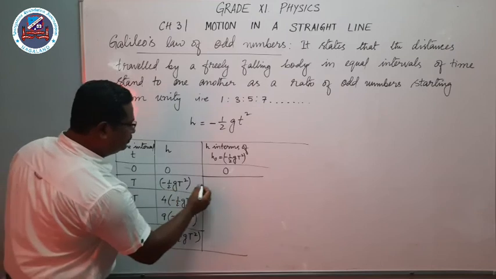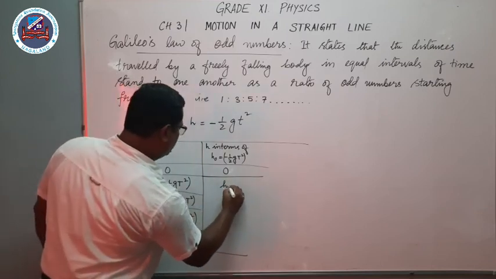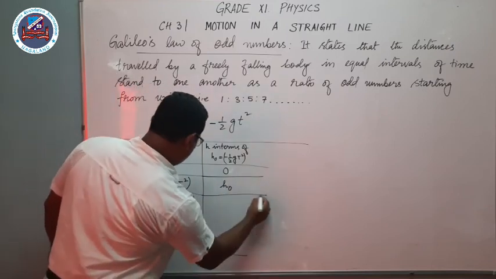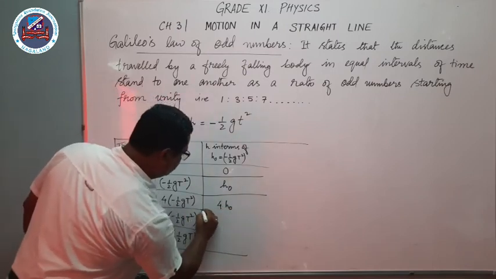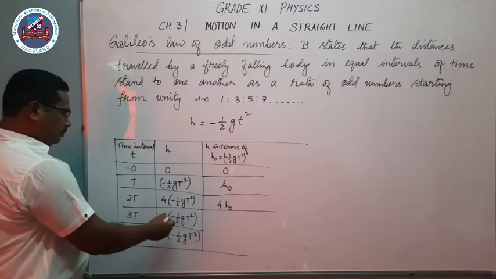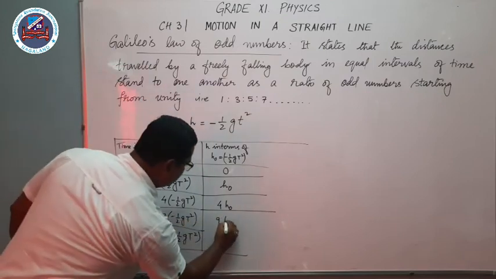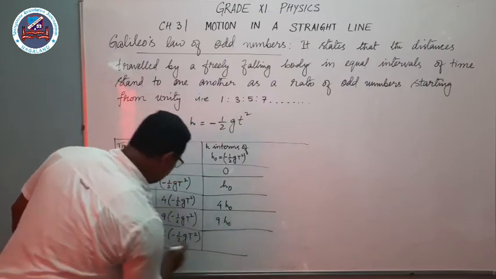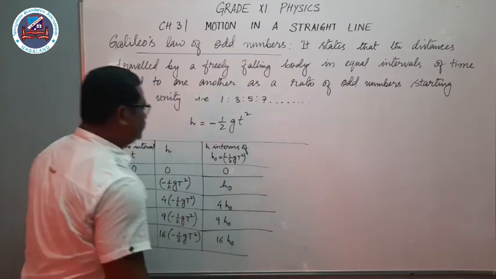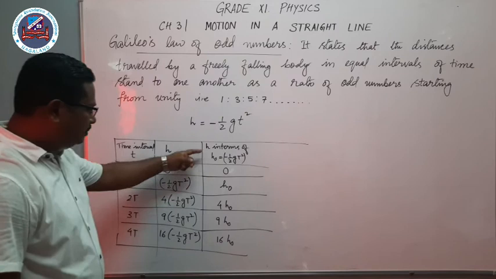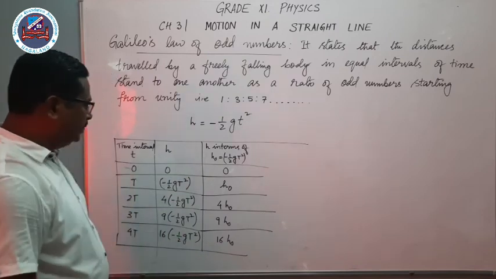This will become h naught. This will become 4 times h naught. This will become 9 times h naught. This will become 16 times h naught. So these are the displacements that you will get.